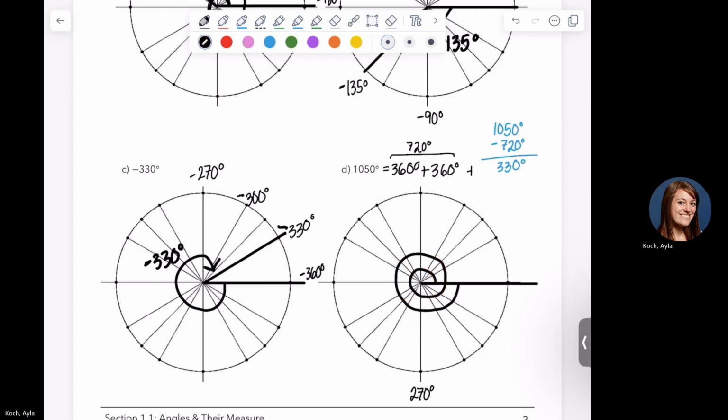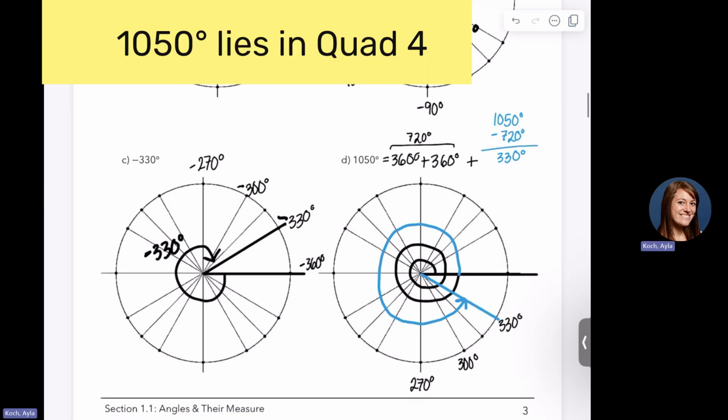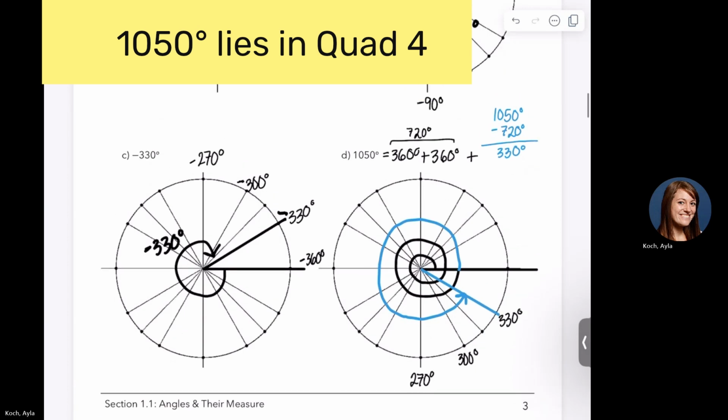So it's plus that 330. This guy here and this guy here count by 30s. So this one is 300 degrees, and this one is 330 degrees. So we will continue. Maybe I'll do this in a different color so you can see all the way around to that 330 degrees. And there it is.